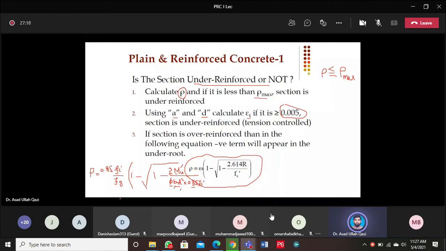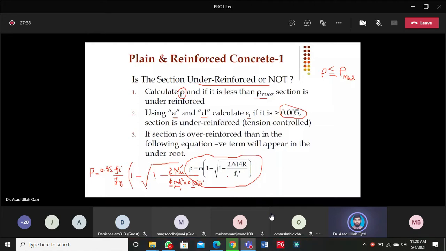When I apply this equation, one hint will be that if under the root I get a negative answer, it means I am entering into a complex number under the root.